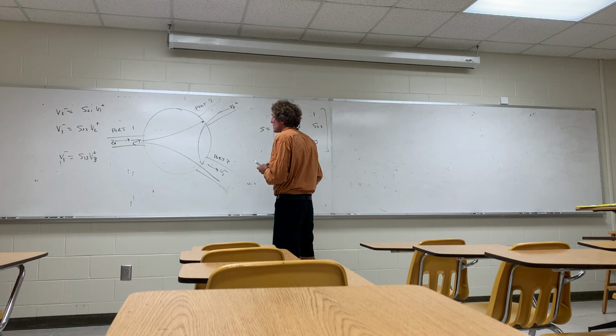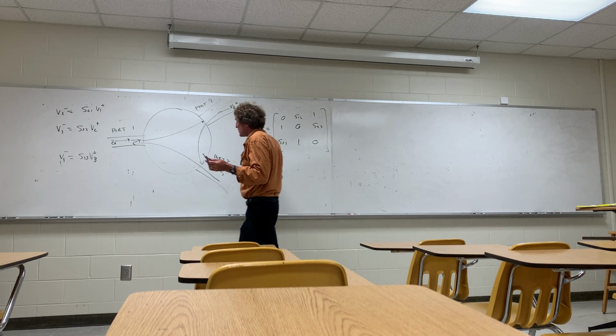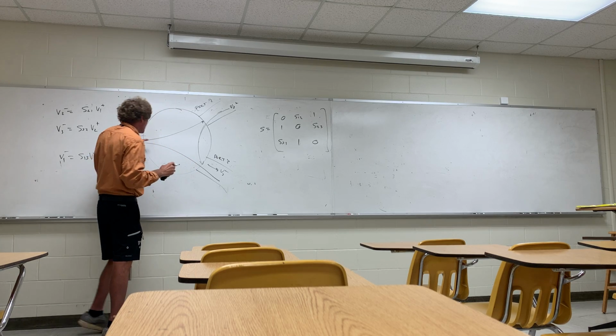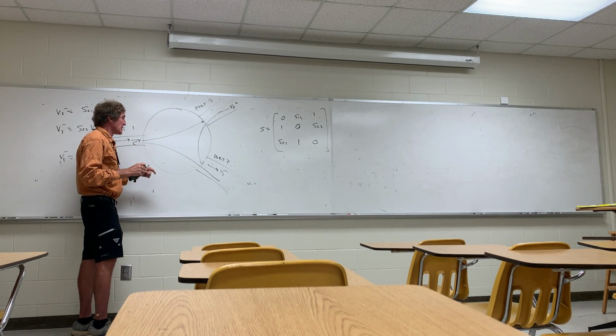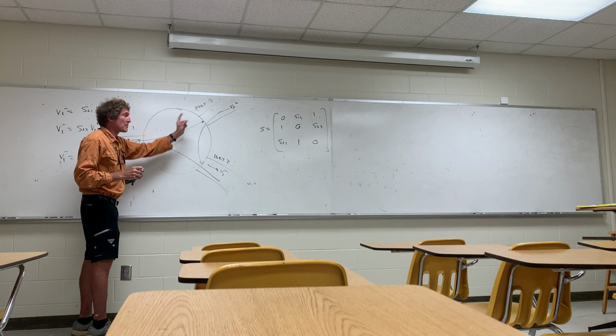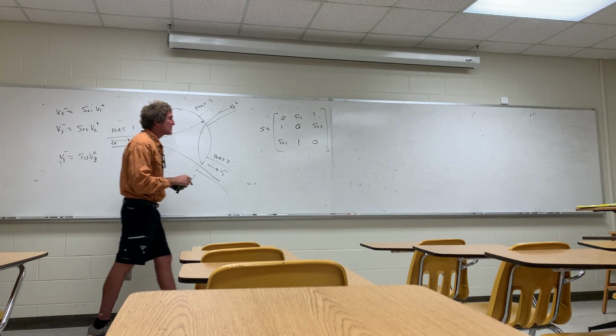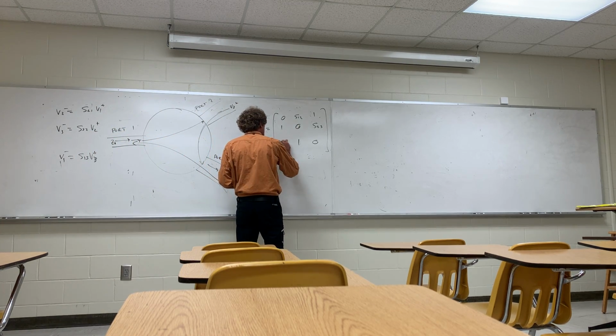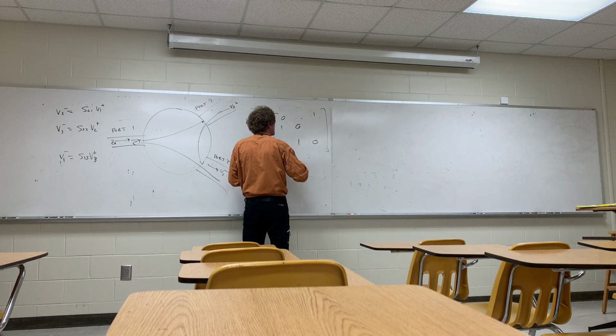Now if you look, nothing coming into port 1 is going to come out port 3. Nothing coming into port 3 is coming out port 2. So all the other terms are going to be 0. You can check, they are 0.